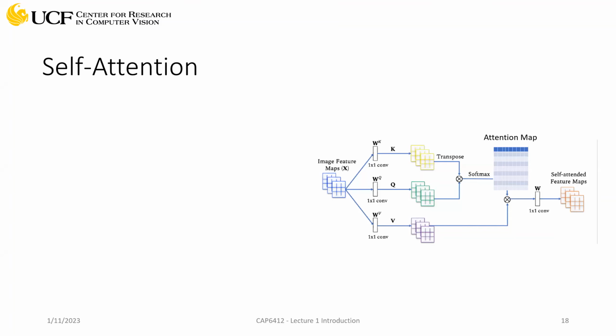Okay, so let's go into a little more detail. Now we have n entities, in this case 9, but it can be any number: x1, x2, up to xn. Each entity is a d-dimensional vector, in this case 3, but it can be any dimension. So n here is 9 and d is 3.